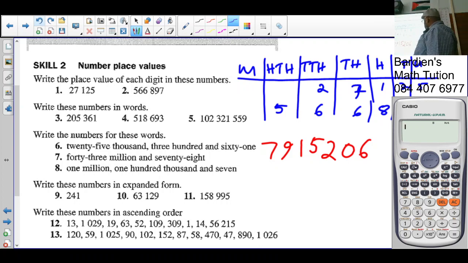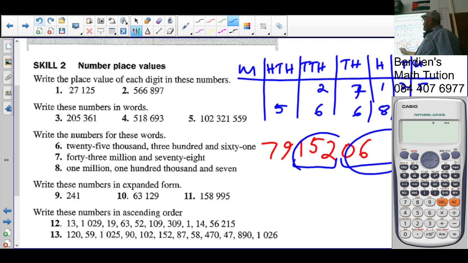Again, starting from the right, groups of 3. So that is 62, 152, and 79. 79,152,062. You all okay with that? Anybody confused? Okay.